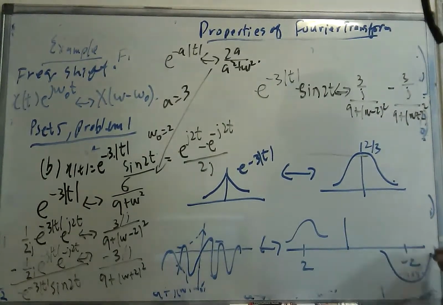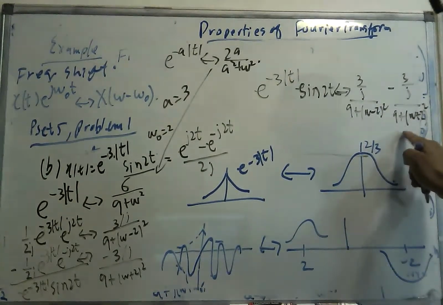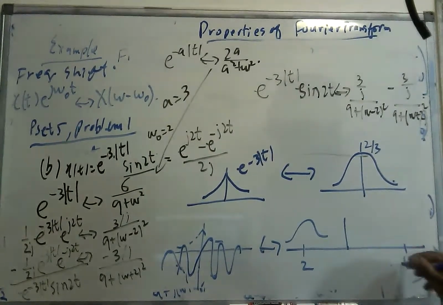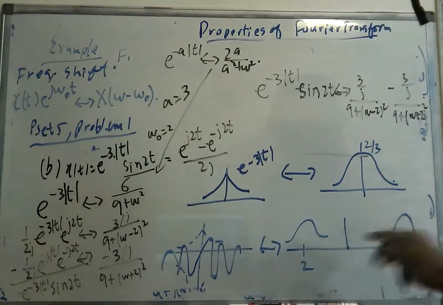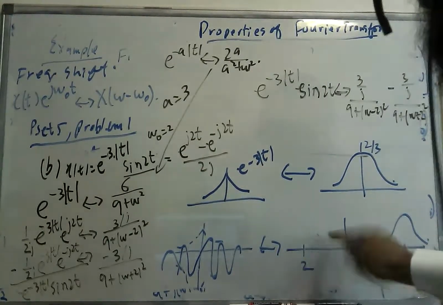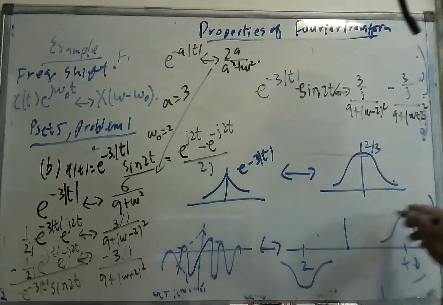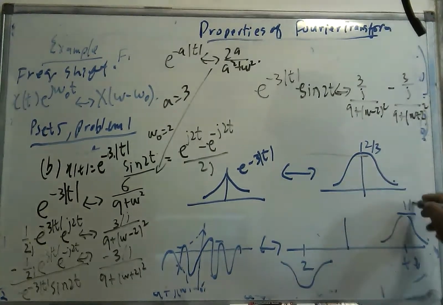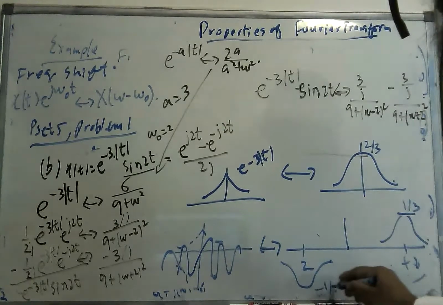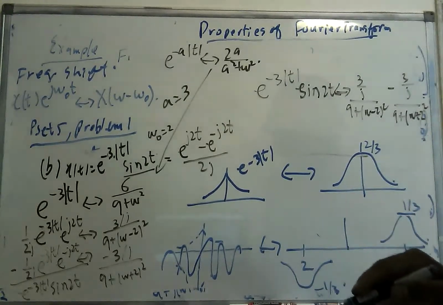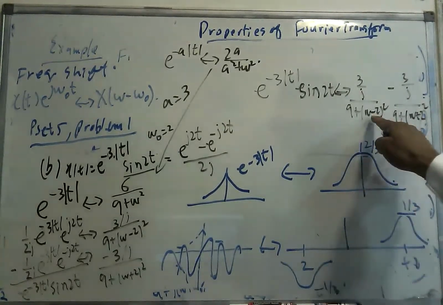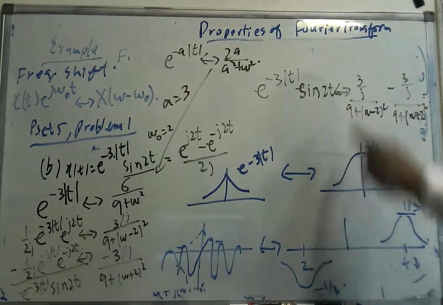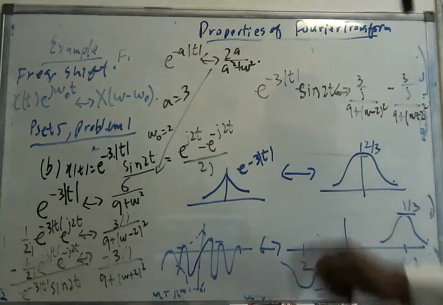On the plus side it is positive, and on the other side it is negative, and the magnitude of this is half of the original, so 1 over 3 and minus 1 over 3. Or in other words, I put omega equal to 2 here, so this will become 0, and it will be 3 over 9, which is 1 over 3, and similarly here.